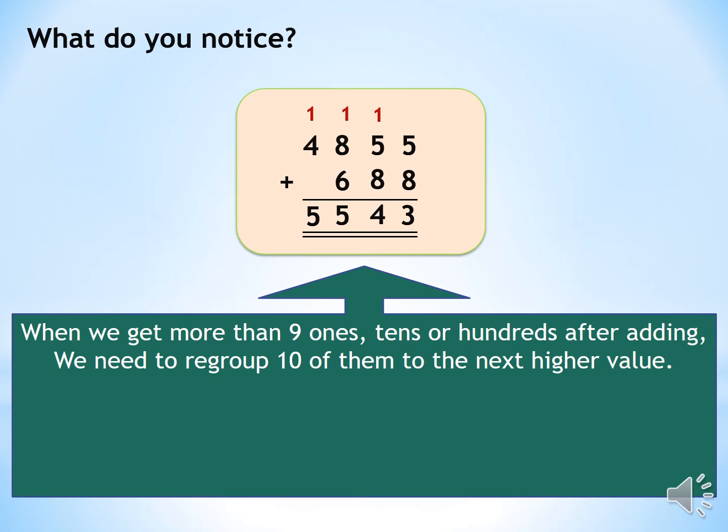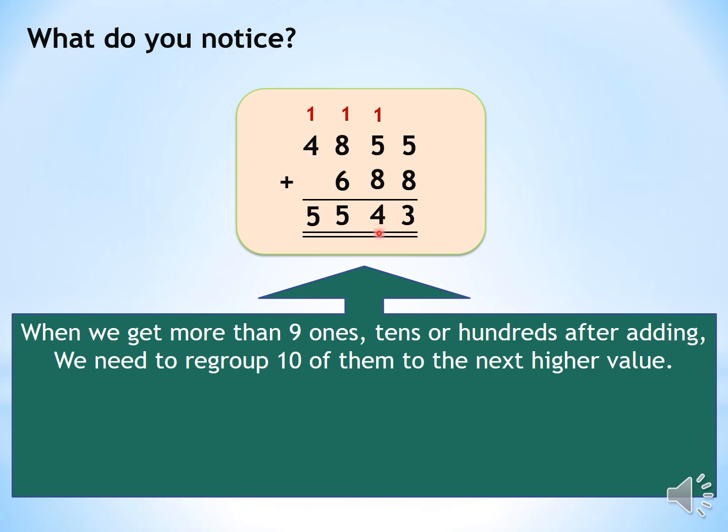What did you notice there, children? Yes, see here 5 plus 8 gave us 13. But it wasn't written here. We just keep 3 and we regroup 1 on the other side. And after that 1, 5 and 8 gave us 14.